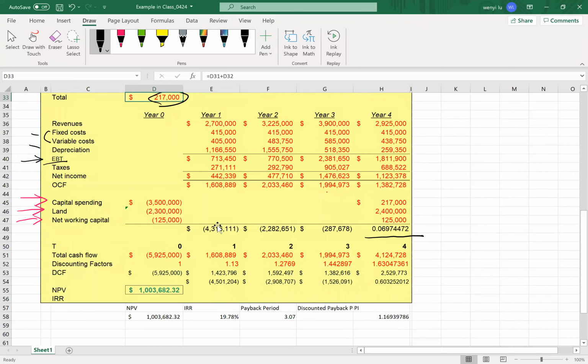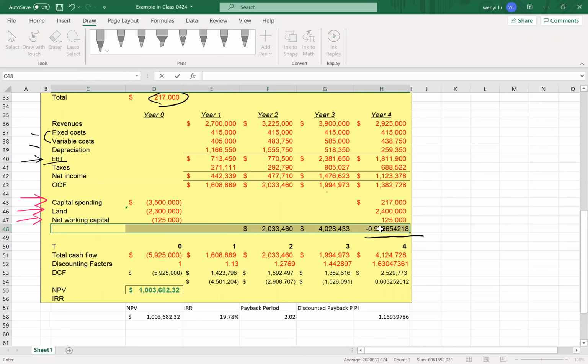Okay. Now we can do the calculations. And then you have the cash flows available in Word. You can do the calculations by adding these cash flows up. So let me first clear the contents, and then we can erase the mark.